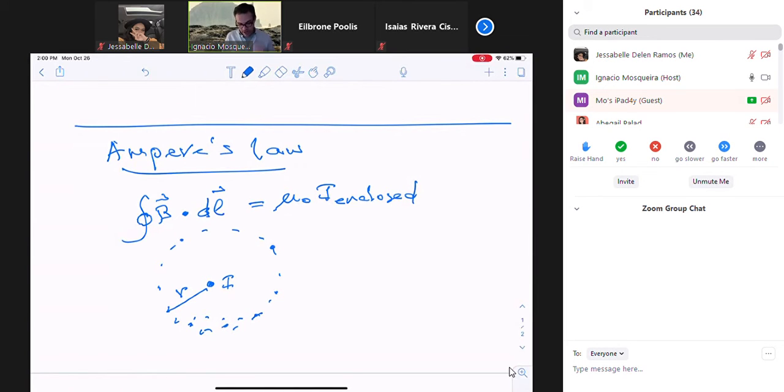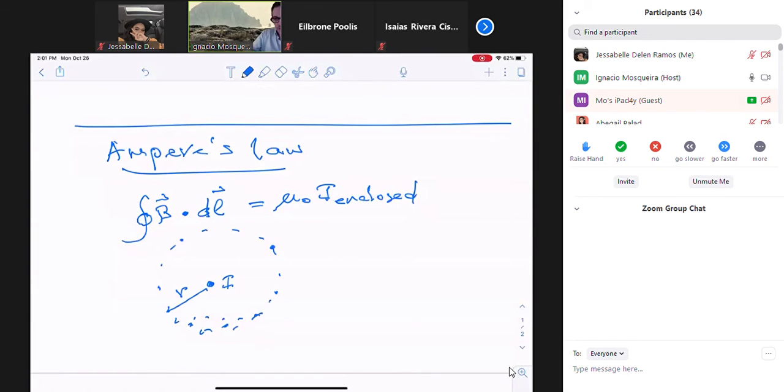Also, because the wire goes to infinity, I know exactly what direction the B field points. Using my right-hand rule, I put my thumb in the direction of the current, and my fingers curl in the direction of the B field.